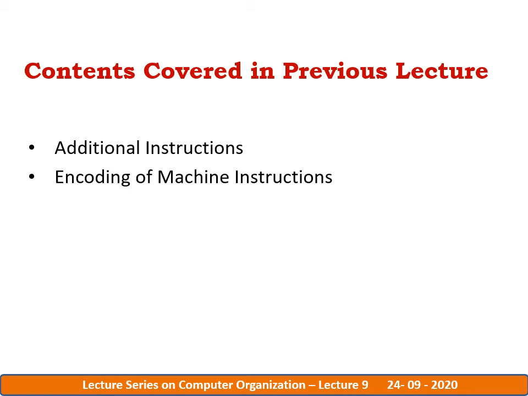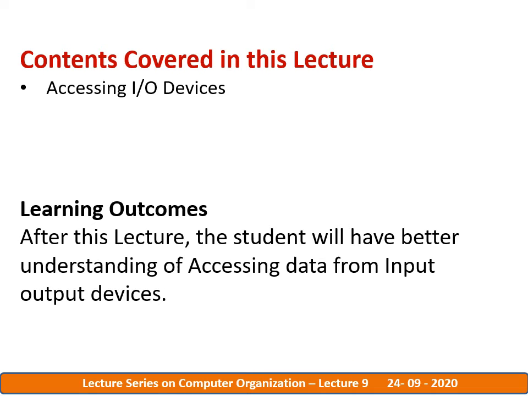Now we will see how the input output devices communicate, how we can send information from one device to another device in a better way, and how fast the devices communicate. Today's lecture covers accessing of IO devices, how the devices are accessed, and how data can be transferred from one device to another.